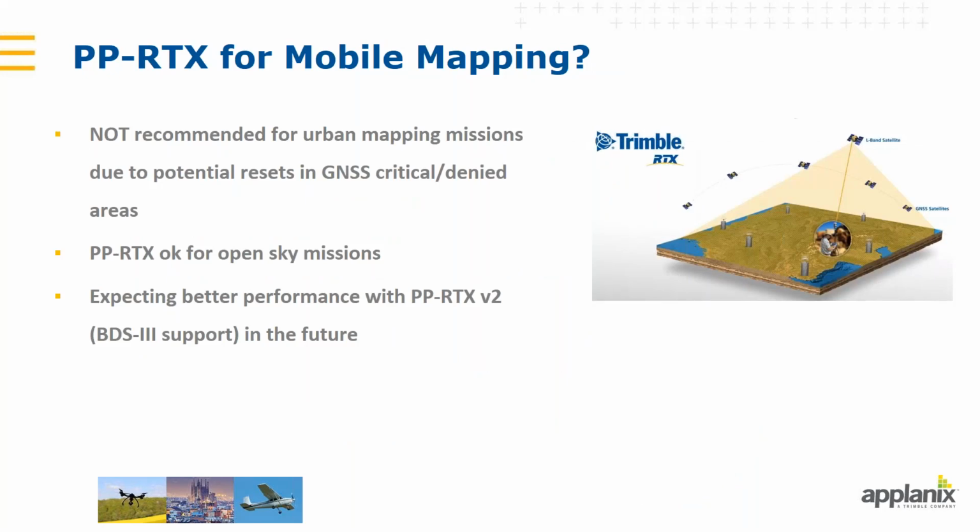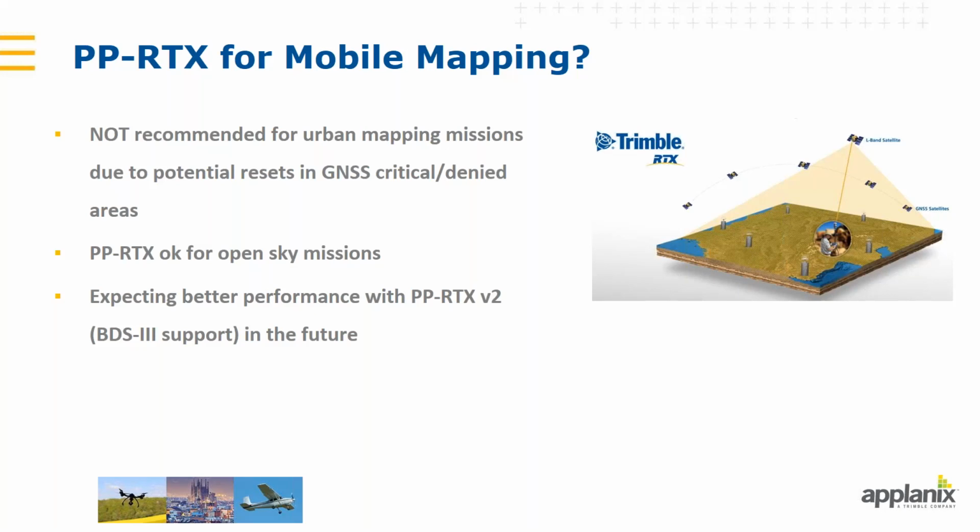So the question is now, is PPRTX suitable for mobile mapping in a land application? So the answer is partially. PPRTX is very reliable and well established for open sky environments or open sky situations. On the other hand, it is not recommended for use in urban areas due to the potentially degraded GNSS signal in these kinds of situations.